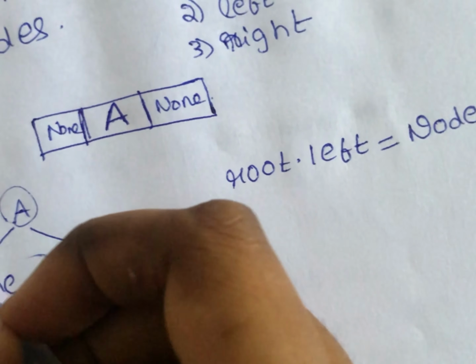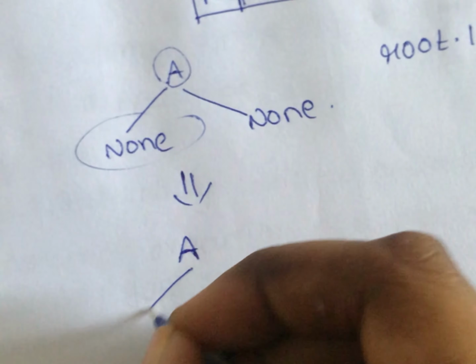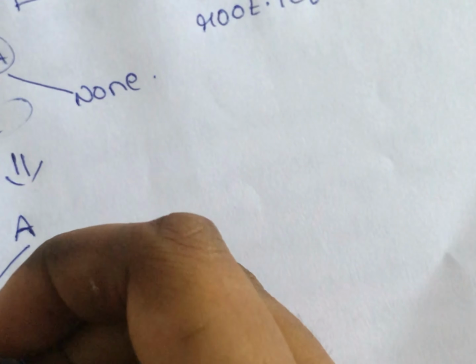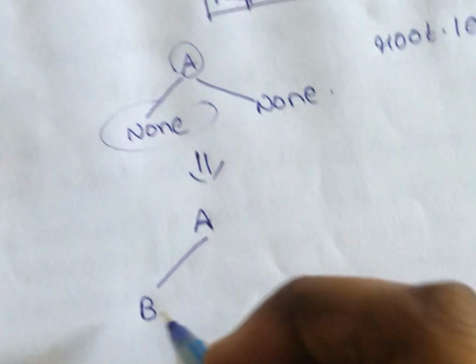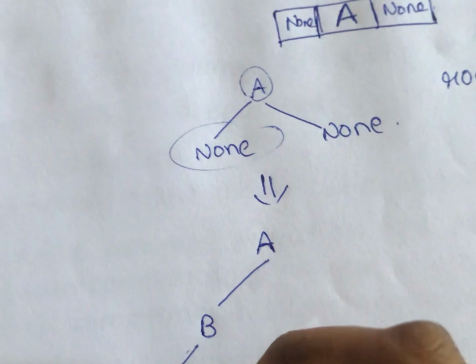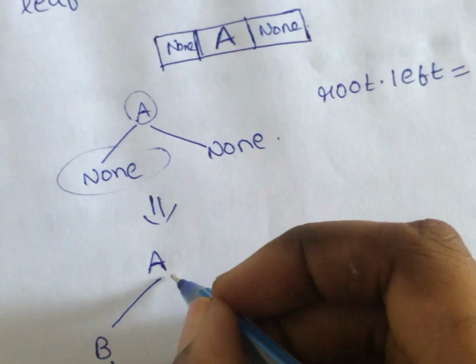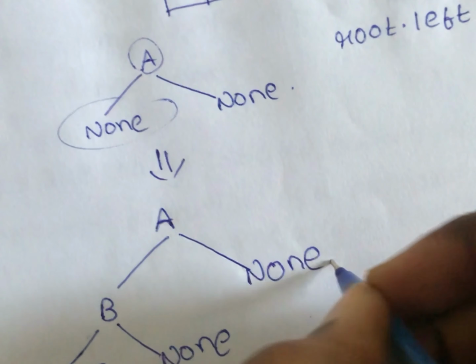It would in turn change to A. We'll again create a node, which would be B in our case, like in the above case. Again the left and right would be none, since we initially took it as none.